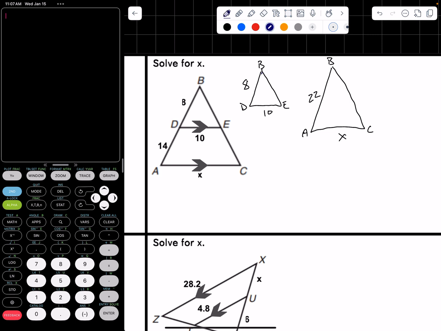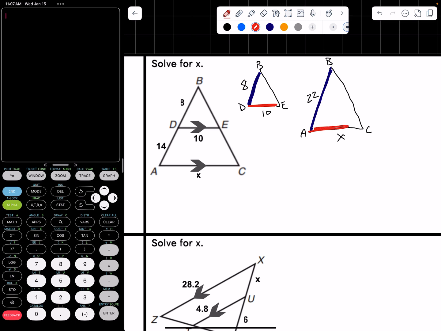Okay, I've got my dark blue right here on the left. I've got my red on the bottom. And however you want to do it, 8 over 22 equals 10 over x. I'm going to cross multiply and divide.